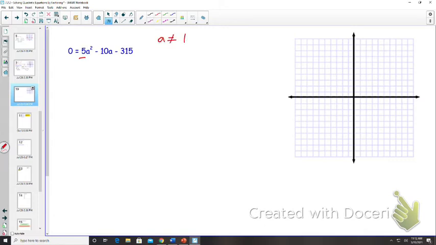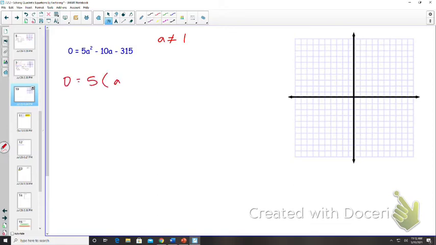Before we even try to factor that, we can try to take out a common factor. Is there anything that we could take out of all three of these? Think a little bit bigger. Oh, 5. Yeah, let's take a 5 out.